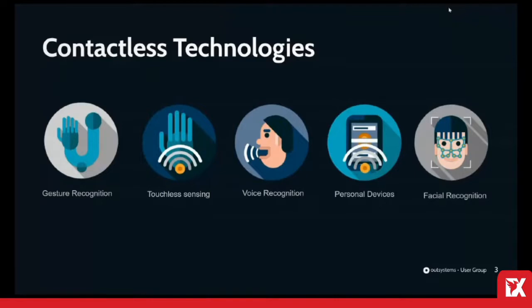So these are just the primary contactless technologies that I think would be applicable most of the time. But more than that, it just keeps on growing. Imagine how machine learning could now be used on use cases such as driving a car.